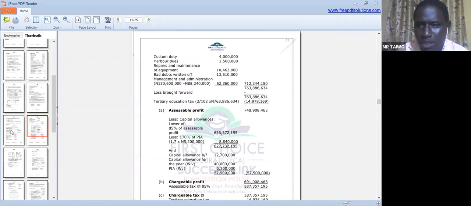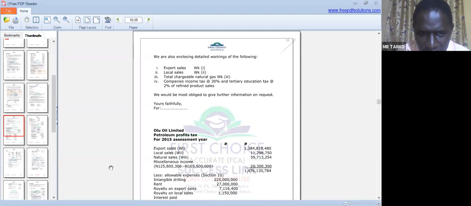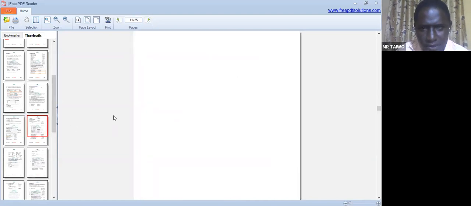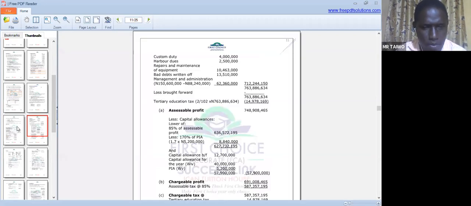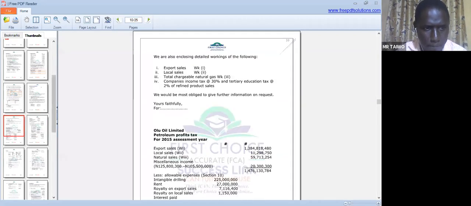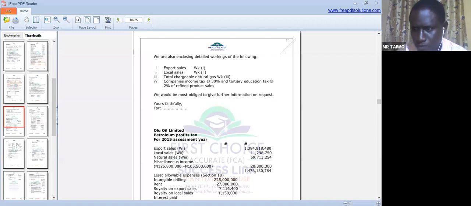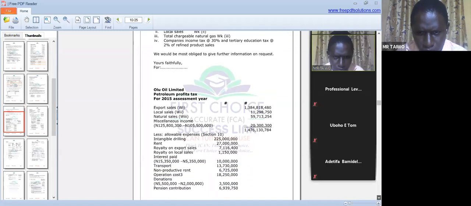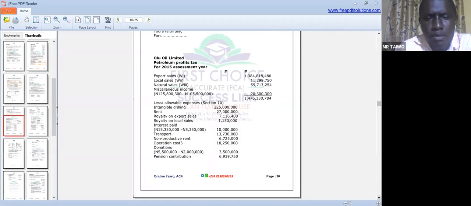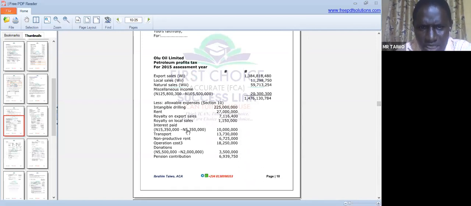So let us look at the one that is allowable. Interest 15,350,000 minus the one that is not allowable will give you 10 million.